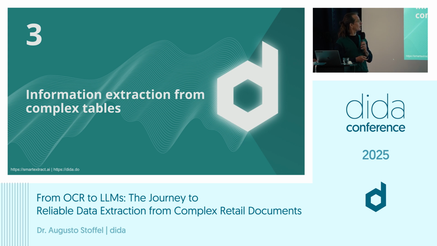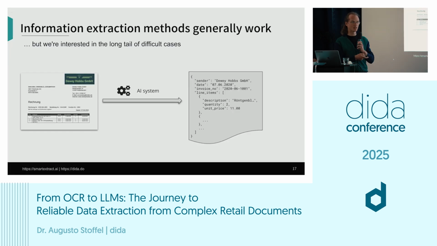Okay, so now I'm going to change topics a little bit and discuss information extraction from these complex documents, these tables that Axel showed in our demo before. So just to say something very general, when I say information extraction, what do I mean?